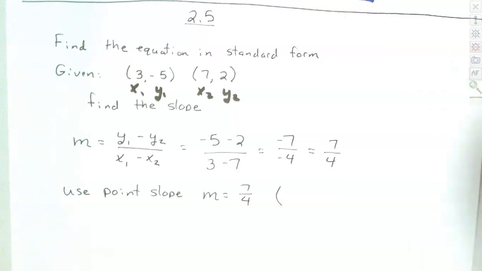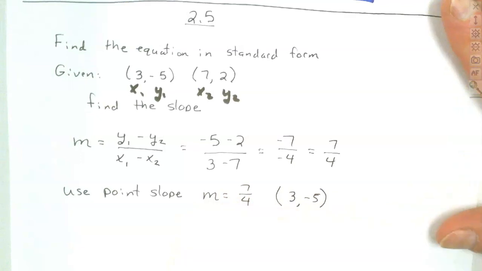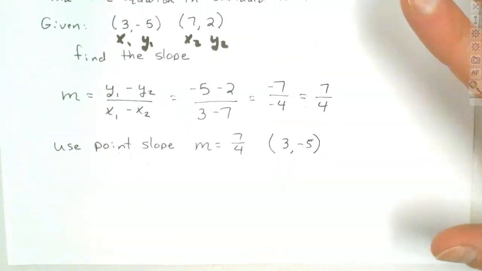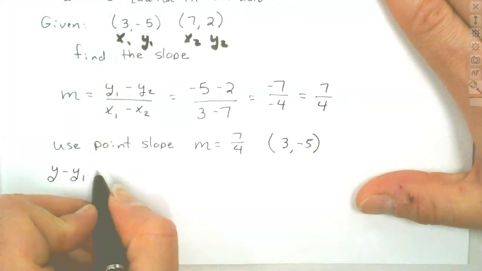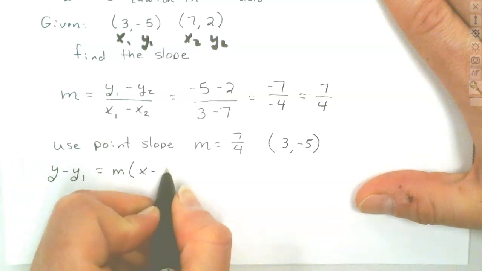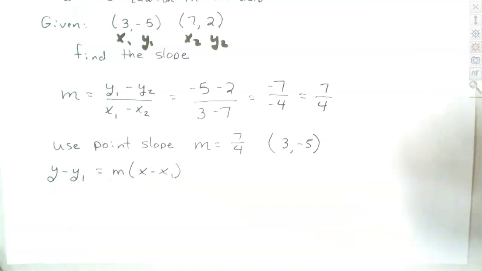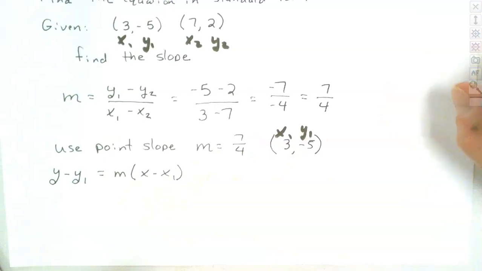Usually I just use the first one, which is (3, -5). So we've got that. Write up our formula, which is y minus y1 equals m times x minus x1. And again, x1, y1. Plug our values in and see what we're working with.